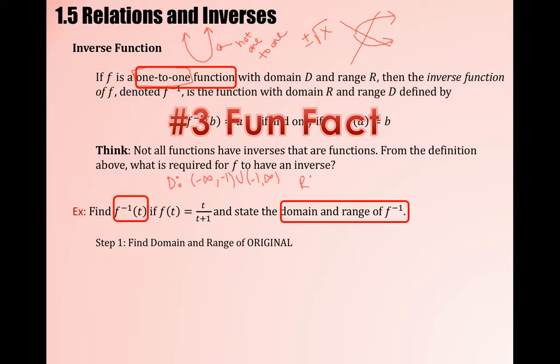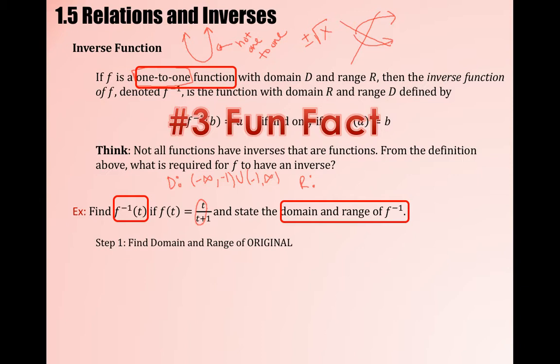The range, well, is there anything that we need to kick out of the range? Isn't there a horizontal asymptote? How do we figure out where that is? We can figure out where that is by looking at the leading coefficients, because they have the same degree, right?